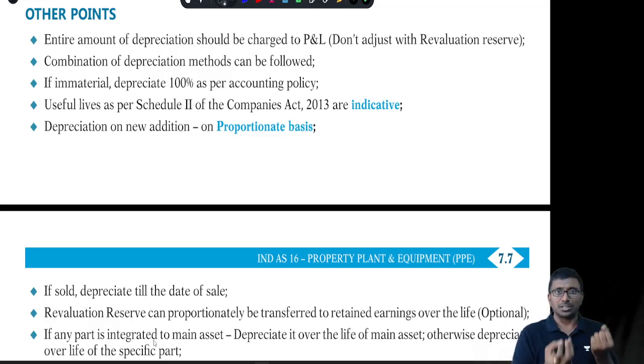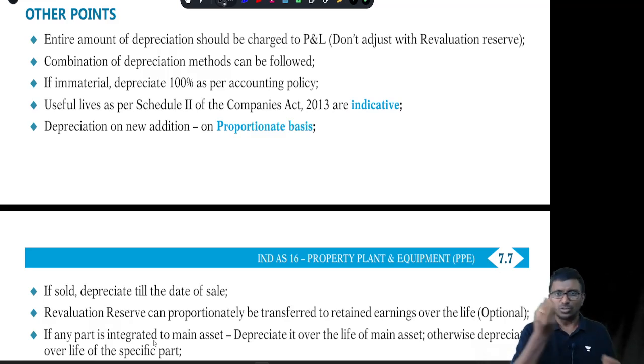Under that circumstance, even though its individual life is 12 years, you have to depreciate it over 10 years only, because after 10 years it cannot work with any other machine. That's the reason this also has to be depreciated in 10 years.